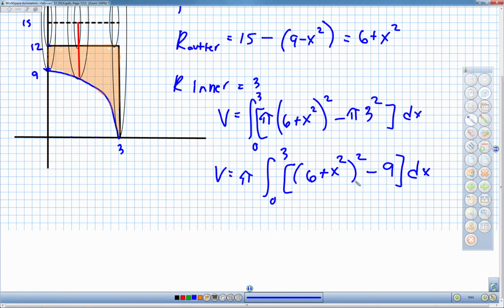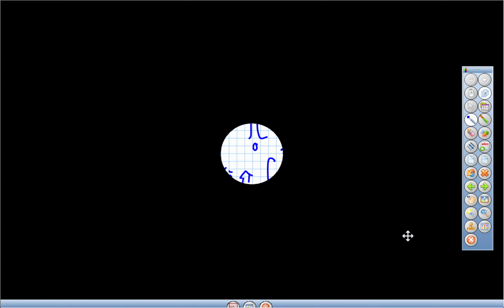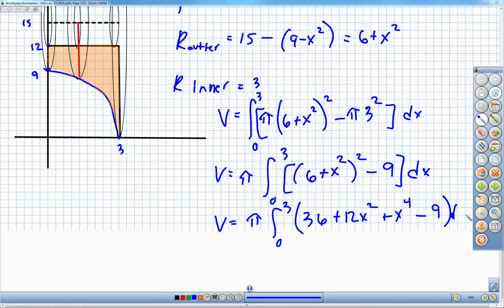And I can expand all of that algebraically, and that's pretty trivial. I would end up with the volume equal to pi times the integral from 0 to 3 of 36 plus 12x squared plus x to the fourth minus 9, all of this times dx, and that ends up becoming pi times, well, 36 minus 9 is 27.